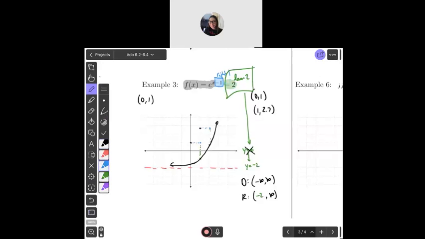0, 1, go right 1. If I add 1 to my x value, because that's a right movement, it's not an up and down movement, I want to change my y value. And I want to go down 2. I'm going to take 2 away from my y value, not my x value. So I'd look for a point or graph that goes through that point.